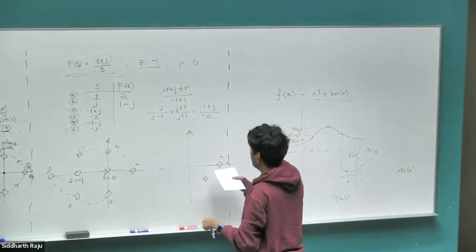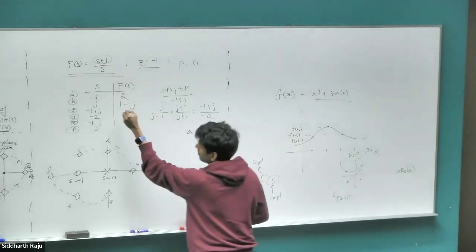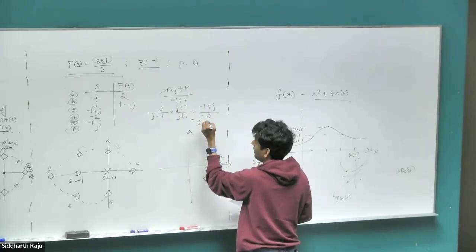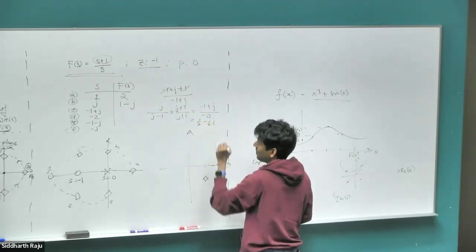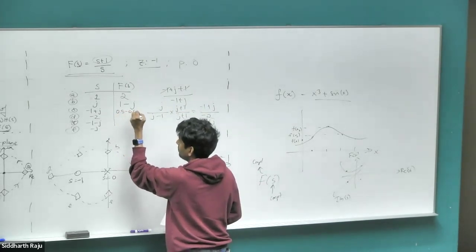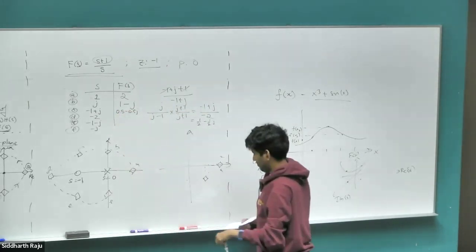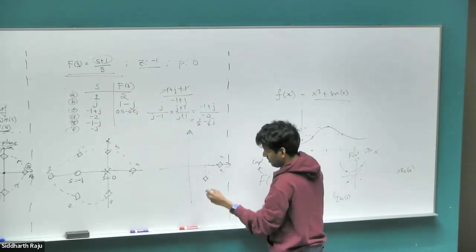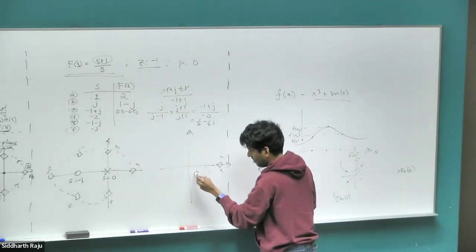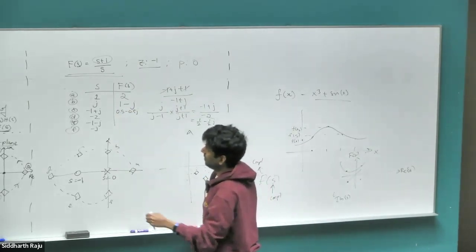So that comes out to, oh yeah, -2. So that comes out to 1 by 2 minus 1 by 2j, right? So 0.5 minus 0.5j. So where would that come out? So 0.5 minus 0.5j, that value would be here.